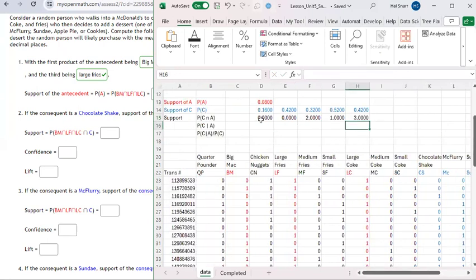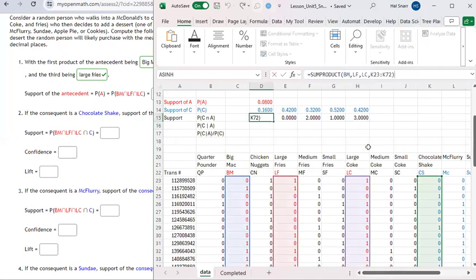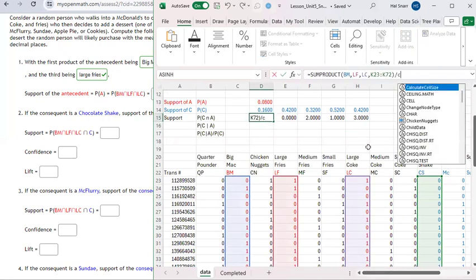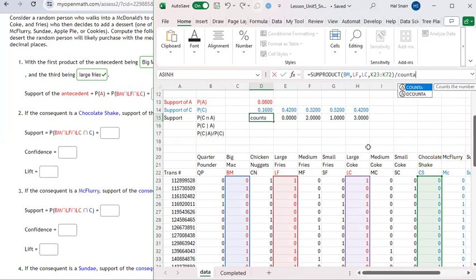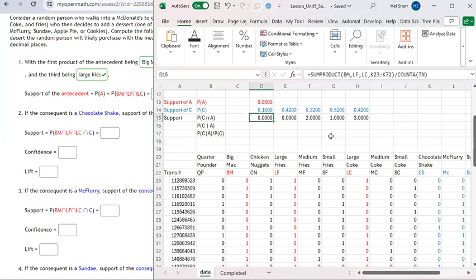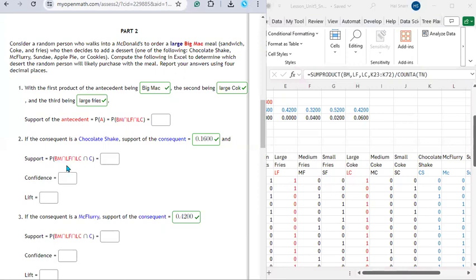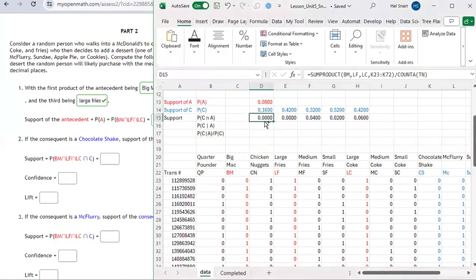Now, to convert these frequencies into probabilities, we have to divide this by the count A of transaction number. And then I'll slide this across. So this is the support of the consequent and the antecedent, the Big Mac meal. So the support of the Big Mac meal and the chocolate shake, well, that's 0.